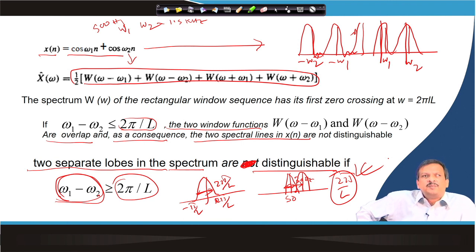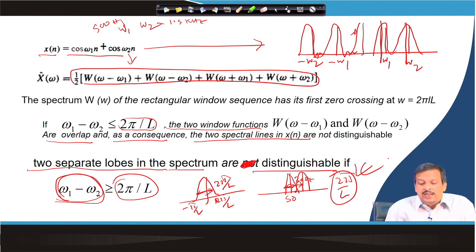Is it clear? So, what is the limitation? Due to the multiplication of the window with the time domain signal, in the frequency domain I get a frequency response which is nothing but a combination of the signal frequency response and the window frequency response.